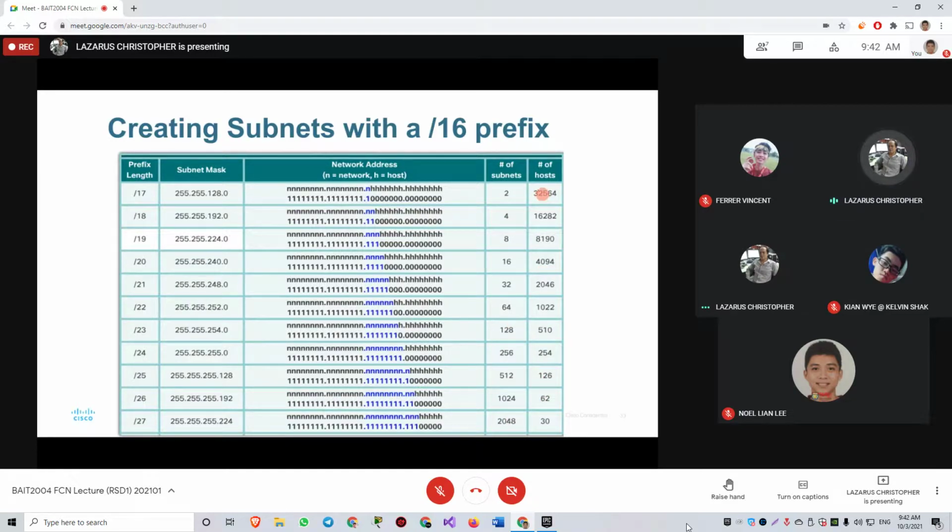Borrow 1 bit, the number of hosts per subnet is about 32,000. But as this is reduced as the bits are borrowed, the number of subnets you can create increases.